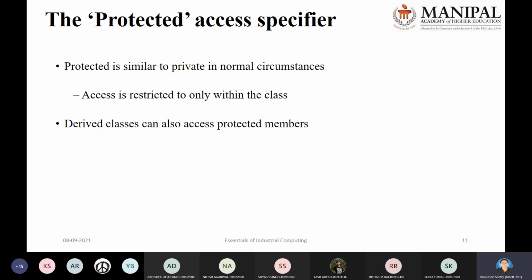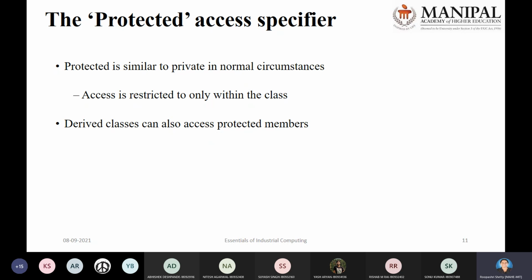Next comes the concept of protected access specifiers. In OOP, or object oriented concepts, there are 3 types of access specifiers: one is private, one is public and one is protected. Private access specifiers: the member variables or functions which are private are private to a class.